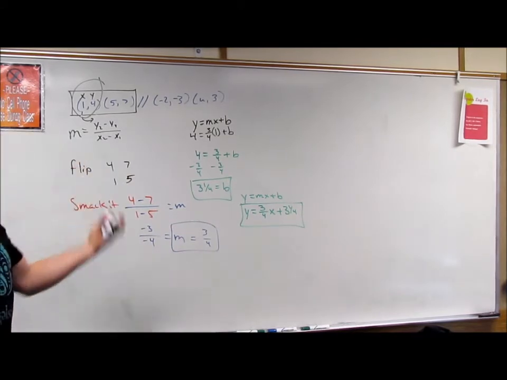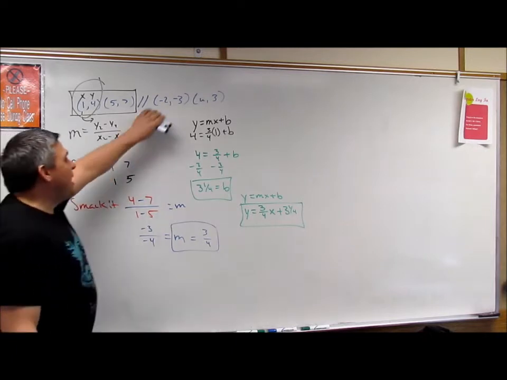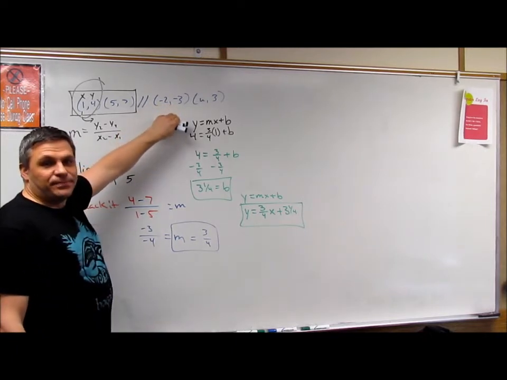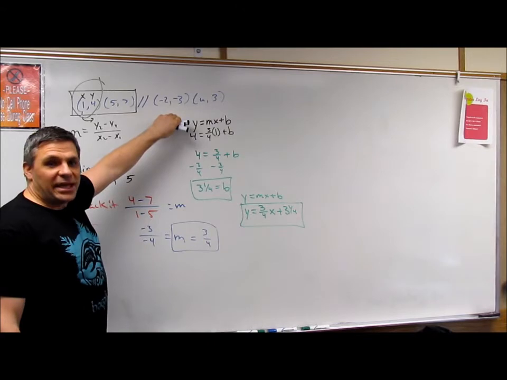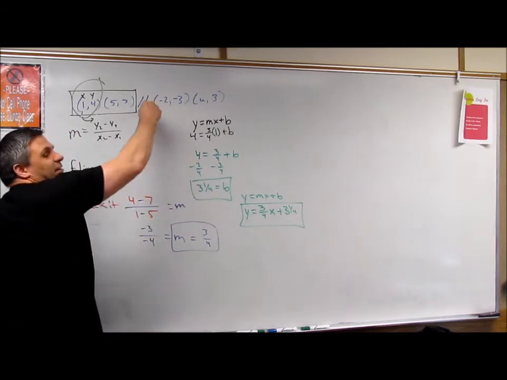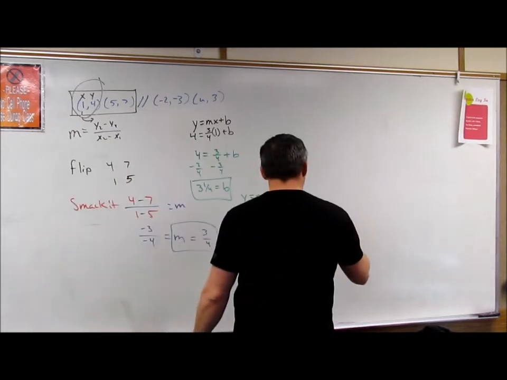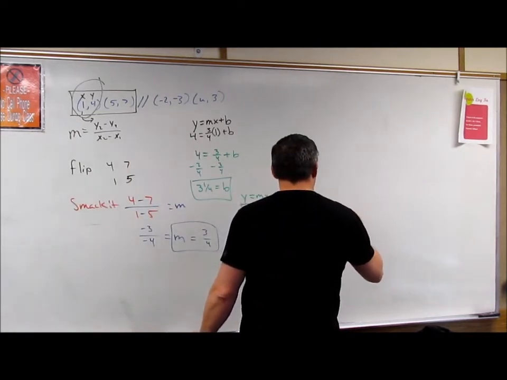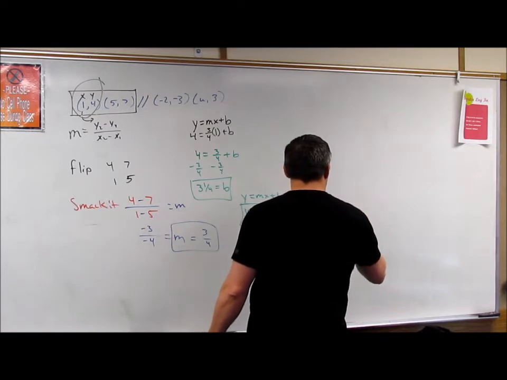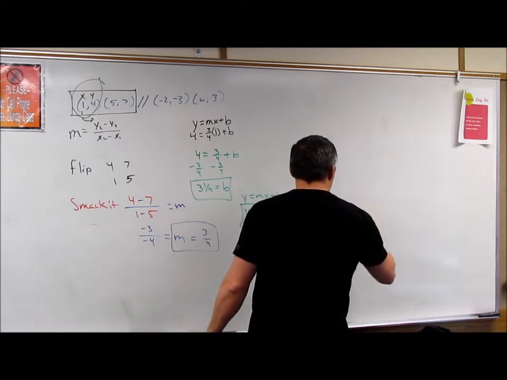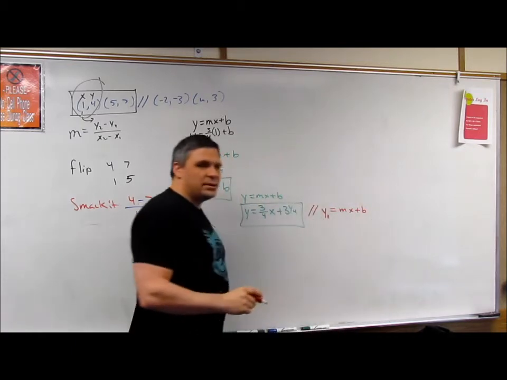But that's just the first part. Now, I need to write an equation for this one. And that equation has to be parallel. So my parallel y is going to be y equals mx plus b, right?